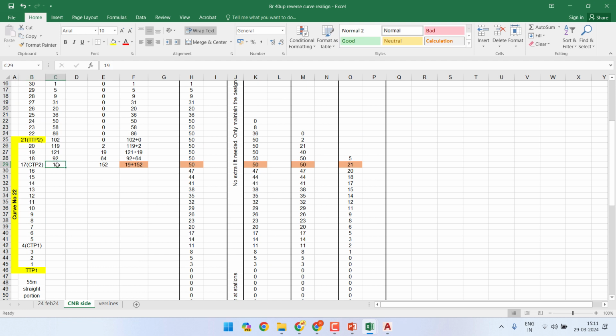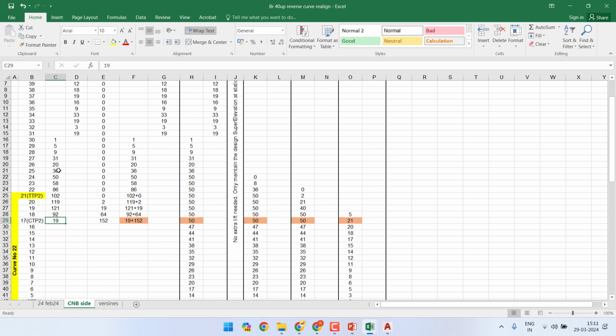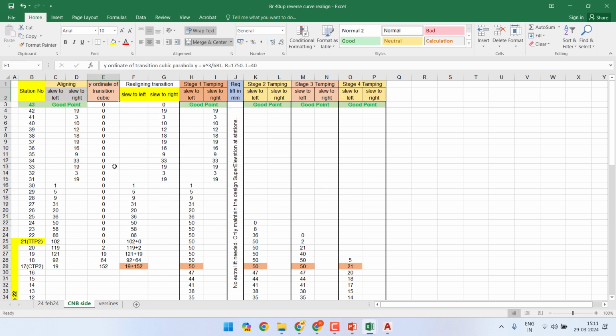We had designed the curve using y-ordinate of transition formula. This is the y-ordinate value that we had got, 0 to 19, 64 and 152, and we also saw what is the swing required with respect to terminal tangents.